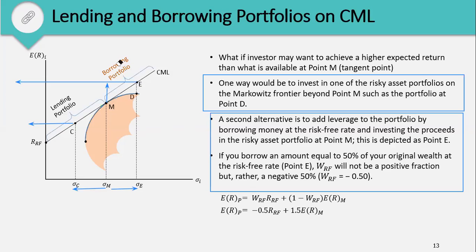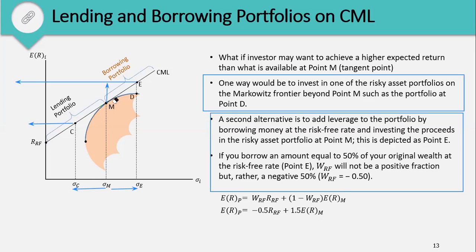Now if the portfolio construction is 50-50, for example, let's say you have 100 rupees to invest today. That is the total value of your portfolio. In that case, you can invest all 100 rupees in your market portfolio according to the capital market line, because the market portfolio gives you the highest return for a given level of risk.